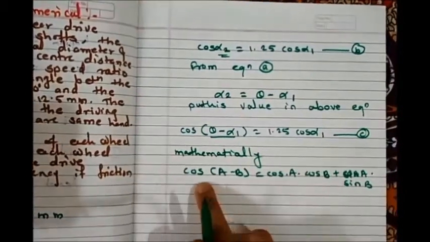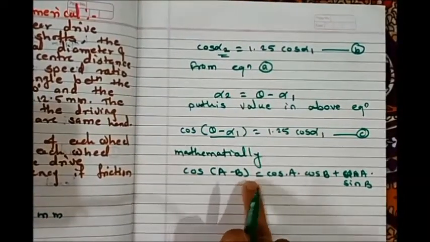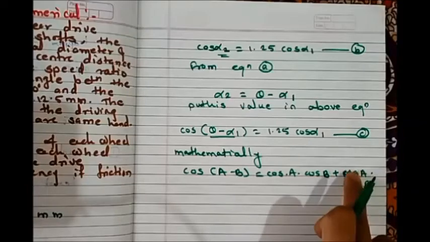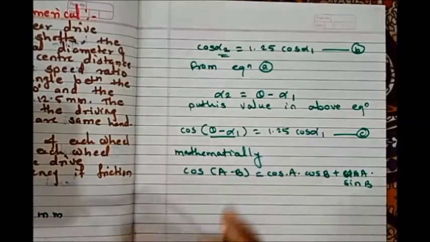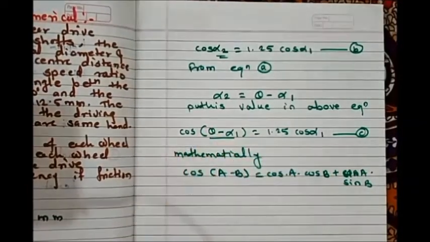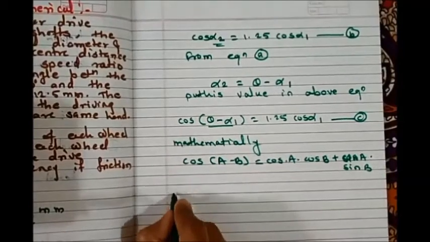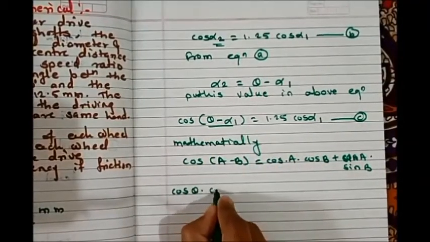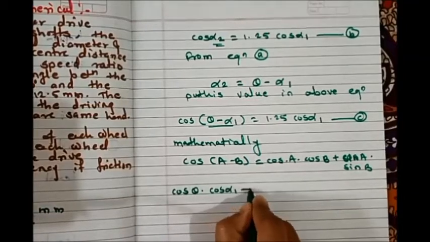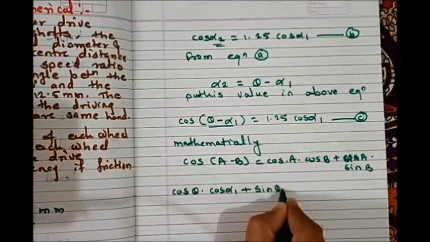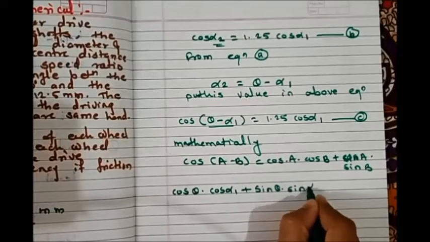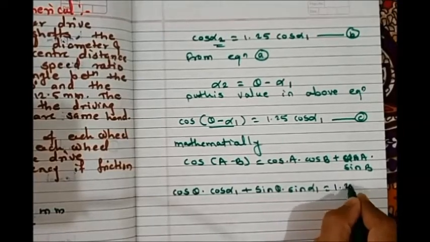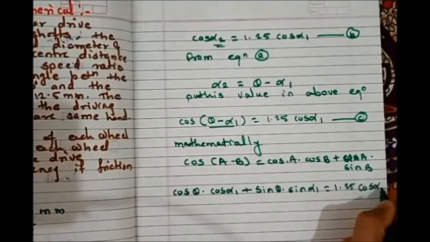Mathematically we know that cos of A minus B is equal to cos A into cos B plus sin A into sin B. So let's use this formula in the above equation. So we get cos theta into cos alpha 1 plus sin theta into sin alpha 1 is equal to 1.25 cos alpha 1.